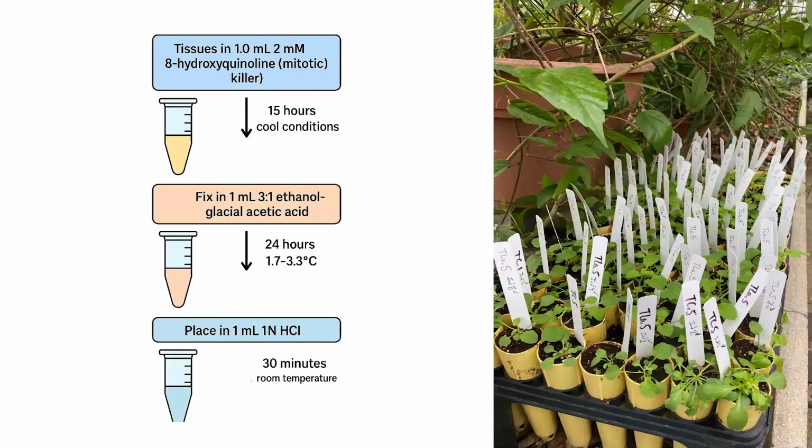So we collect the tissue, and we use a reagent that we call the killer, just to stop the mitosis process and be able to form the chromosomes. After that reagent, we just store the tissue in cold conditions. And when we are ready to actually do the process to form chromosomes, we use acid to dissolve the tissue and be able to do the next process.